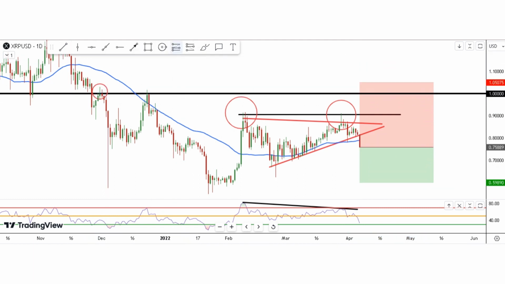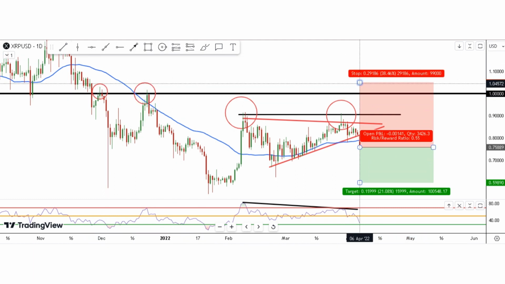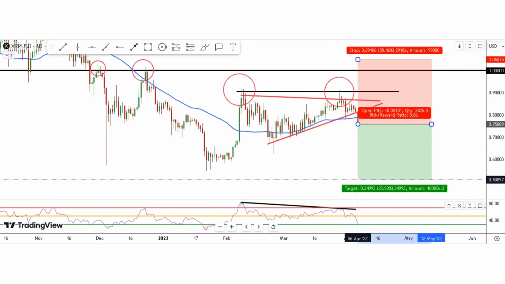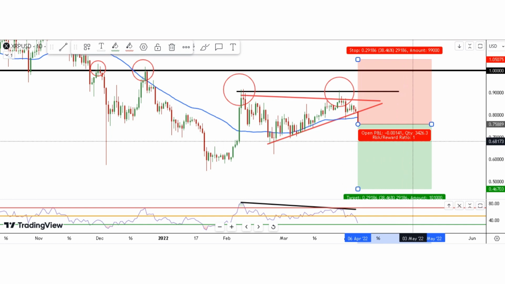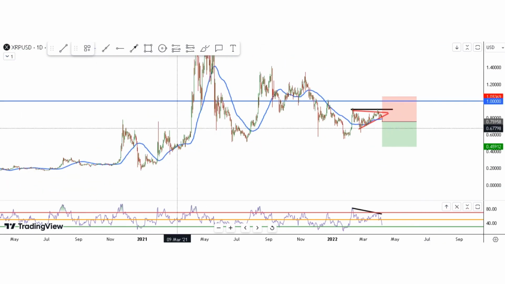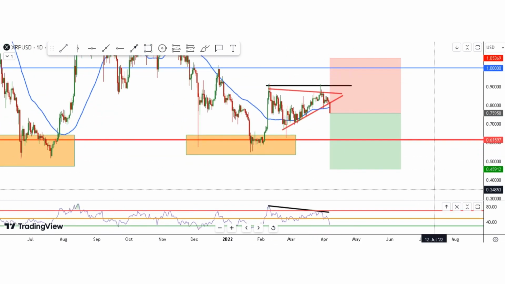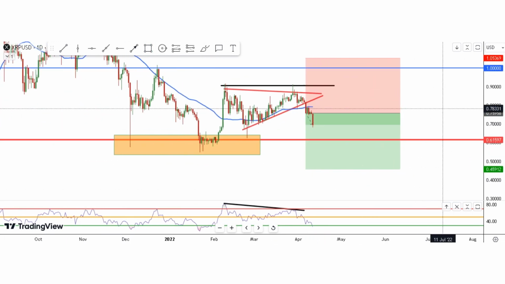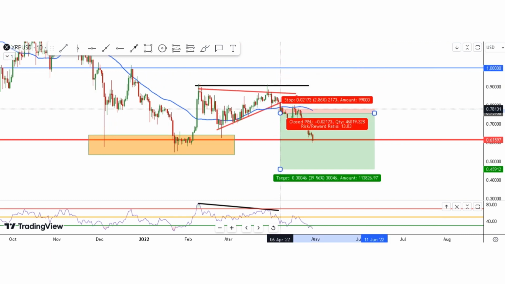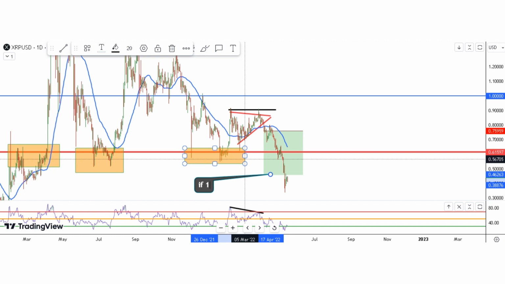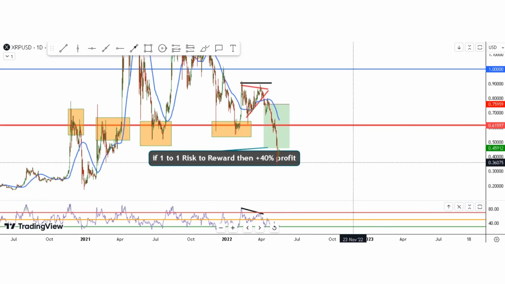The only problem here is that we need to closely monitor the trade because while the take profit needs to be minimum 1-to-1 risk to reward ratio, if you zoom out, you can see a strong support level around here, and that's not 1-to-1. So the way we will manage this trade is by adjusting our stop-loss to break even once we reach the support level around the 0.60 area, ensuring that we run the trade with no risk after that.